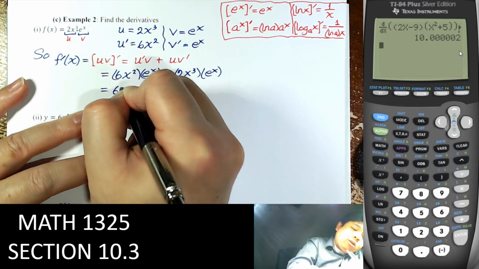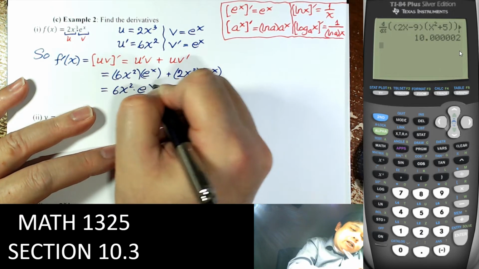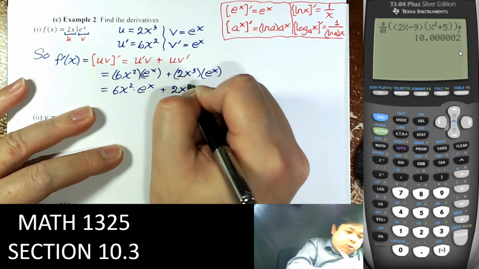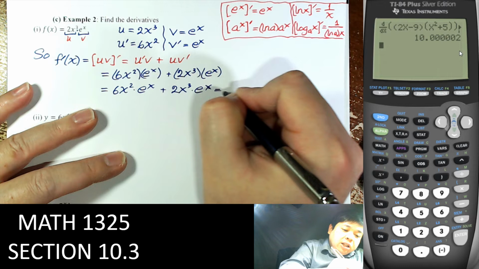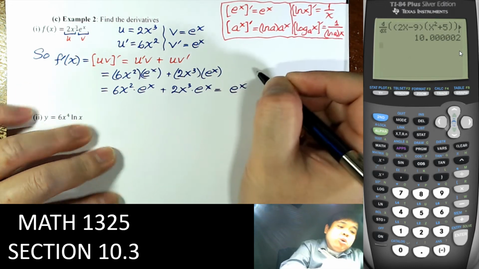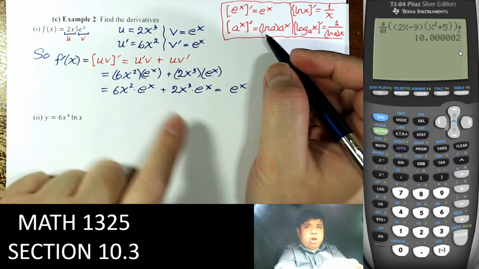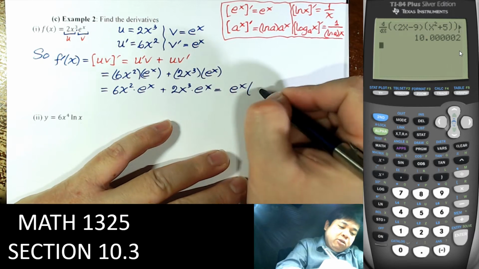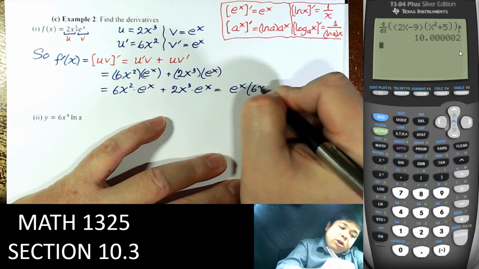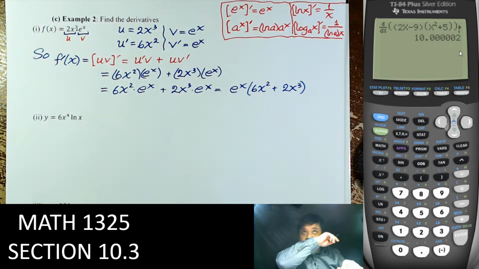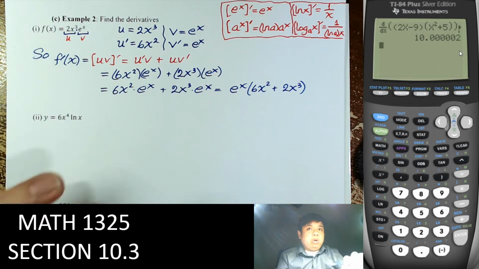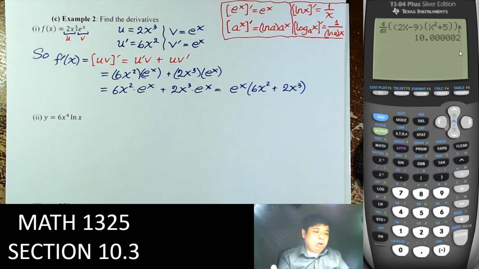So we have 6x squared times e to the x plus 2x cubed times e to the x. If we want to, we can factor out e to the x. Actually, you can also factor out x squared and 2 as well, but I just factored out e to the x. I have 6x squared plus 2x cubed. Right, straightforward. Product rule: just write down what is u, what is v, take the derivative, and then apply the product rule, pretty much.